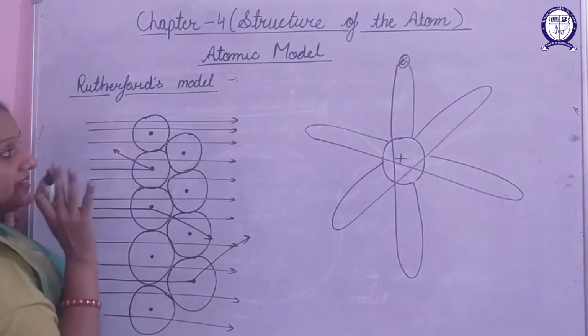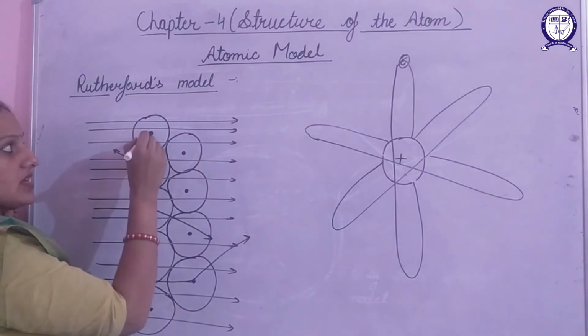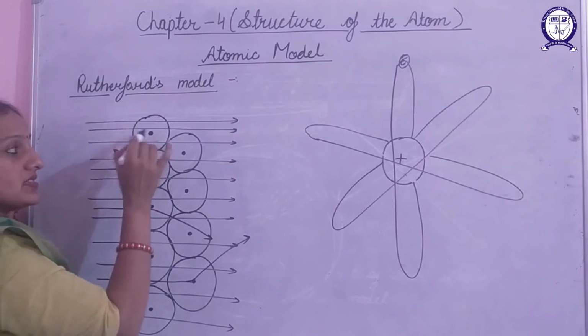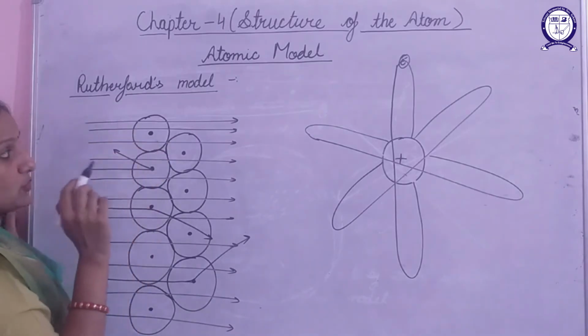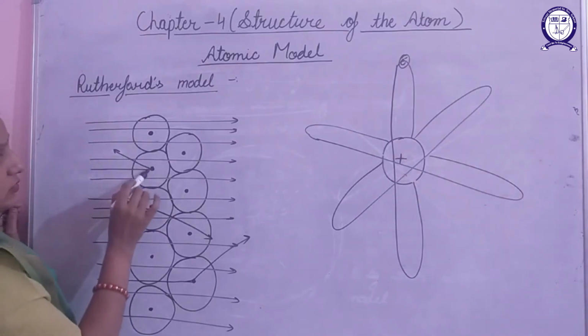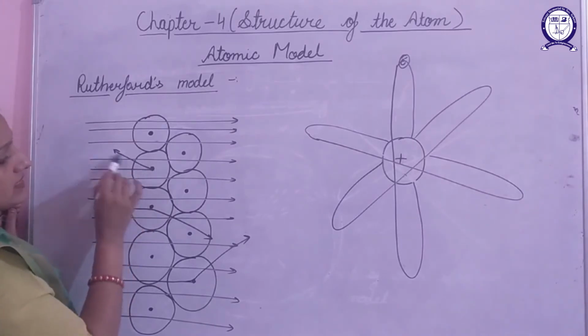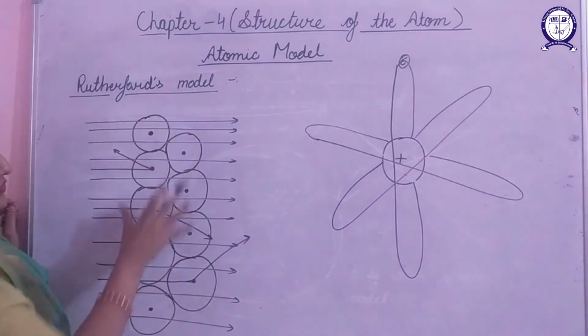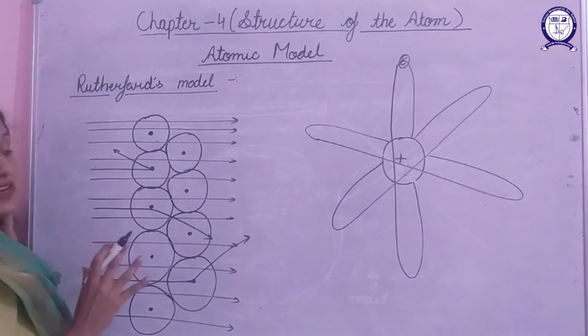It is only possible if the mass of the complete atom is concentrated at one point, and that too is very small. Only a few particles got deflected. Here you can see that if the particle strikes the nucleus of this atom, only in this case it suffered deflection. So this was the conclusion of the alpha particle scattering experiment.